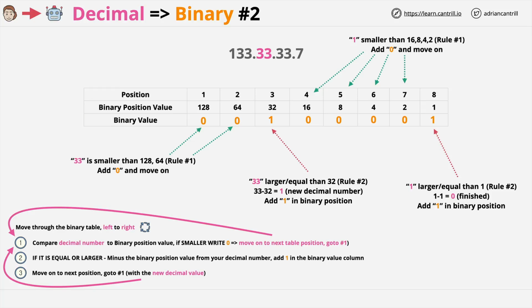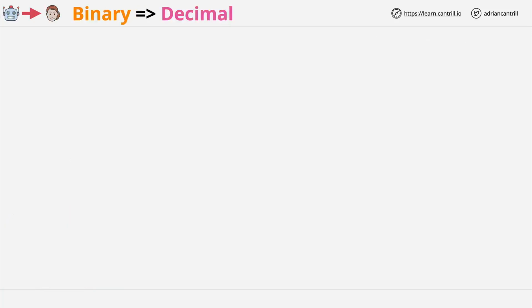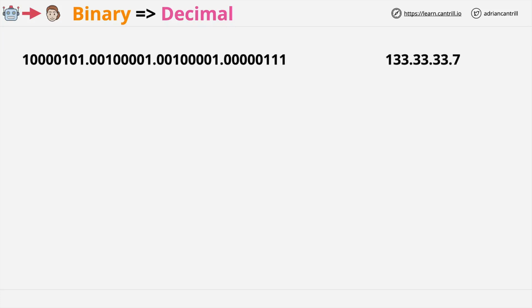Now at this point I want to show you how this works in reverse, converting binary to decimal. This time let's say that you want to convert this binary IP address into decimal. So both of these are one and the same. To start with, we break the IP address into 4 sections, and this is the same for the binary and the dotted decimal versions.